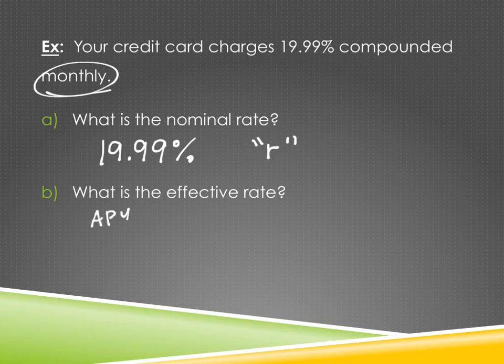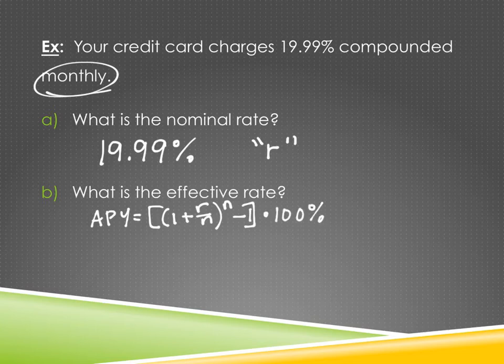The APY equals 1 plus R over N raised to the N, minus 1, times 100. We just need to use the R and the N that we have. So what is the actual R value if my interest rate is 19.99%? 0.1999.